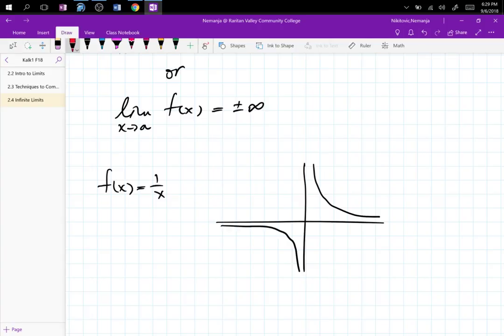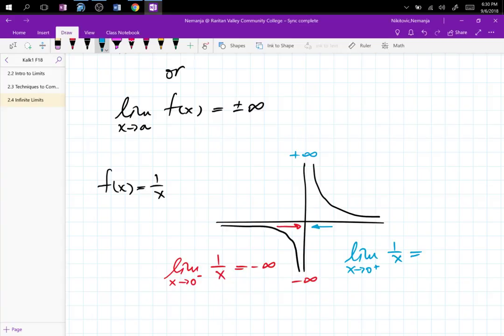And then the red approach towards 0 is the limit as x approaches 0 minus from the left of 1 over x, and we have negative infinity as the answer. The blue approach from the right is giving us positive infinity as the answer, and we write limit x goes to 0 plus of 1 over x, and that's going to be positive infinity.